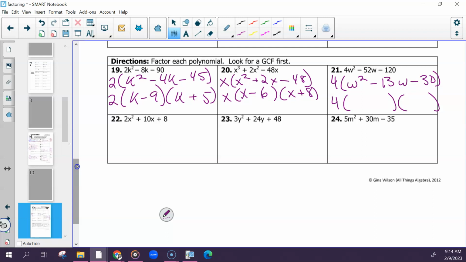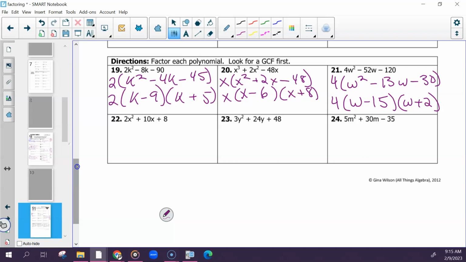Which one will be negative? W minus 15 and W plus 2. So be careful with examples like that because you could easily get that one wrong. Any others we want to see, go over, have questions about in that section?